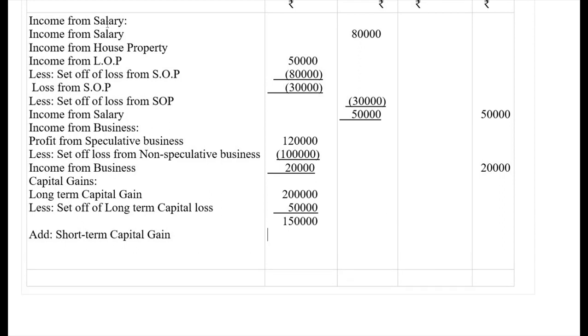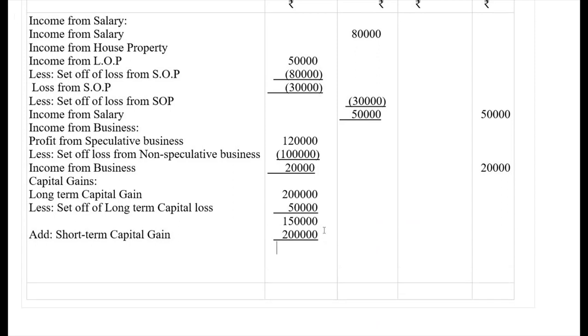To this, when we add the short-term capital gain of rupees 2 lakhs and take the sum, it comes to rupees 3,50,000, which is nothing but capital gain here. Remember, this 3,50,000 is inclusive of both the long-term capital gain as well as short-term capital gain. So capital gain, rupees 3,50,000.